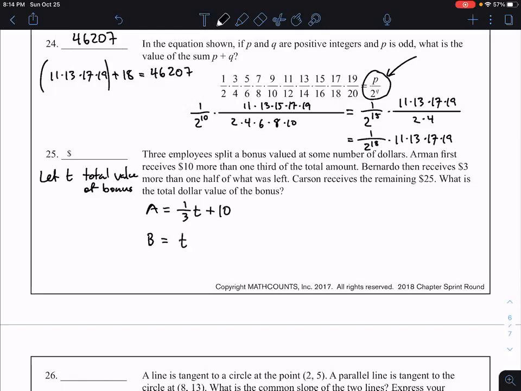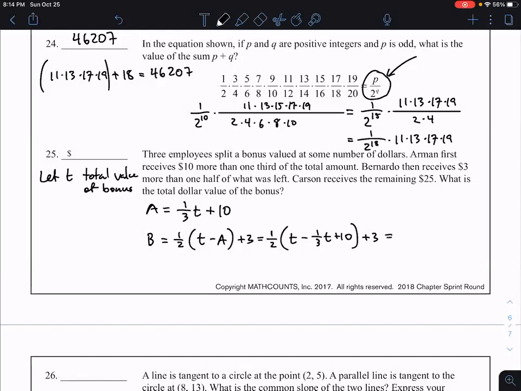And then Bernardo, B. Bernardo gets $3 more than half of what was left from Armin. So we have to do 1/2 times T minus A plus 3. And we can substitute A into here. So we'll have 1/2 times T minus 1/3 T plus 10 and plus 3.